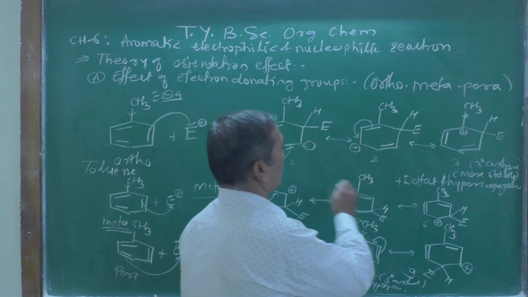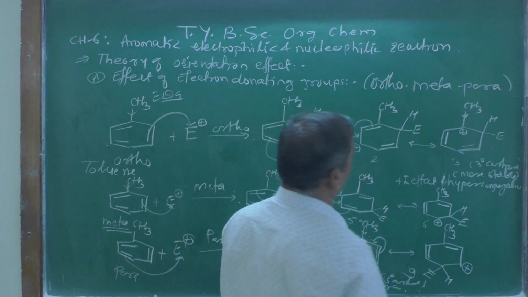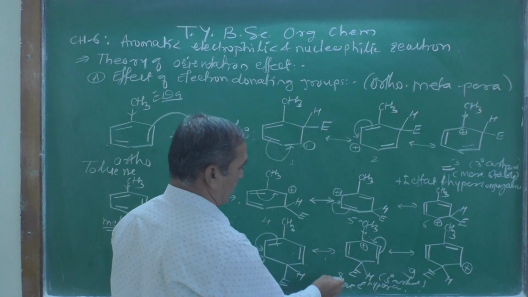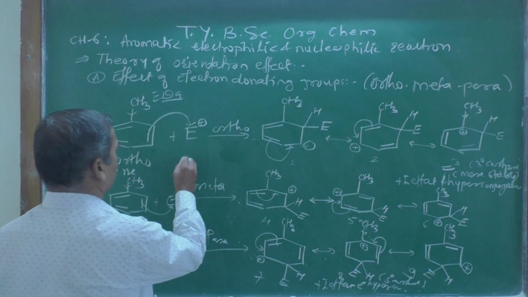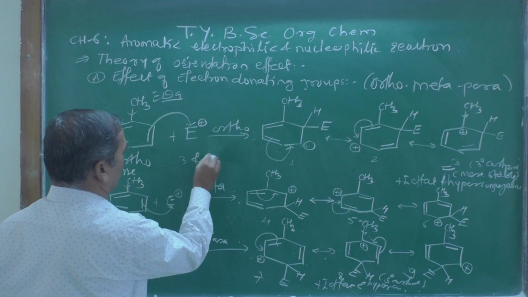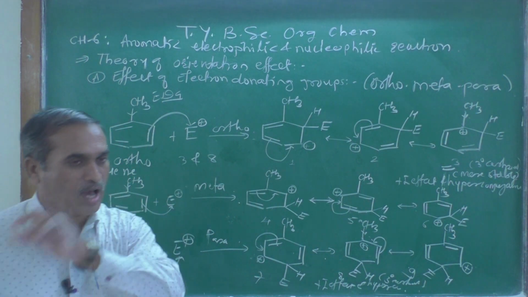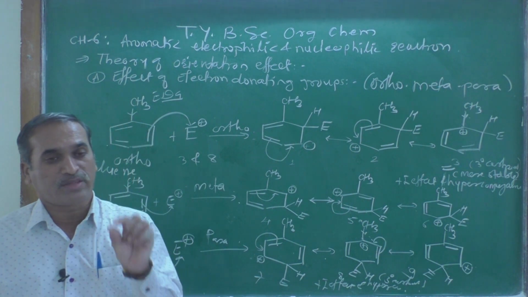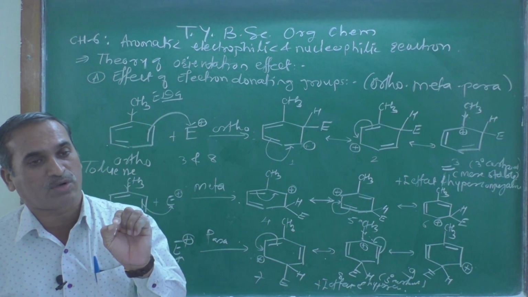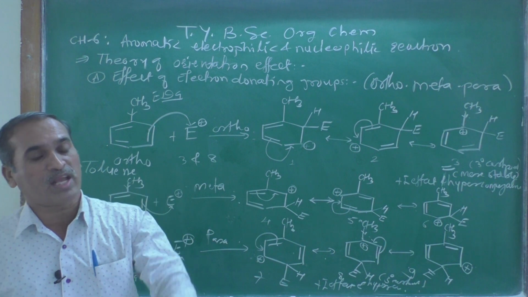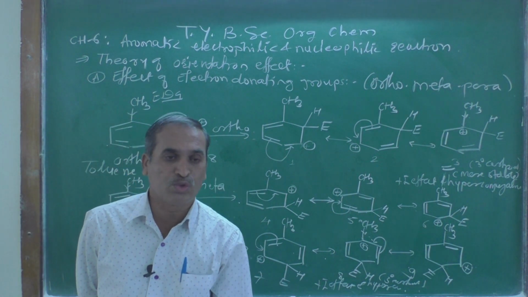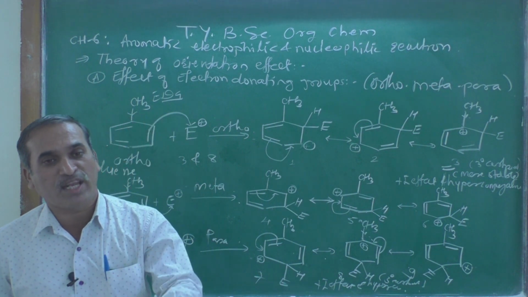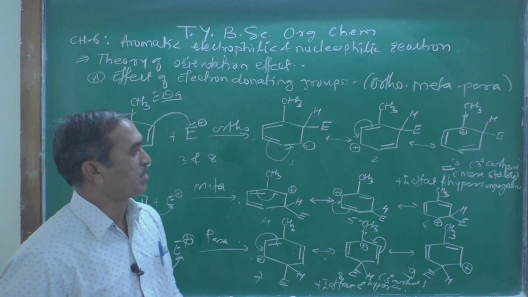If you observe structure number 3 and structure number 8 carefully, the carbocation is a tertiary carbocation, and that tertiary carbocation is well stabilized due to the plus I inductive effect as well as the hyperconjugative effect.